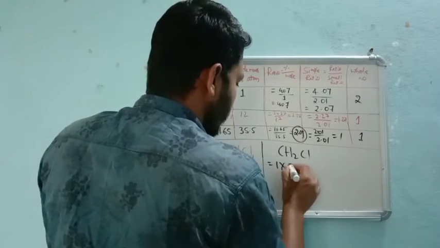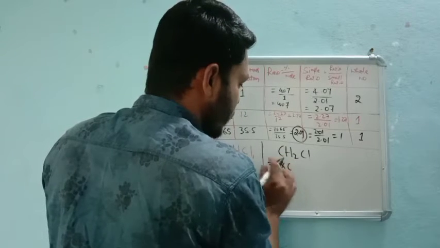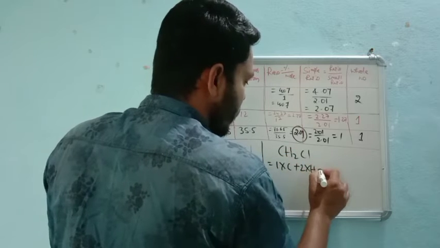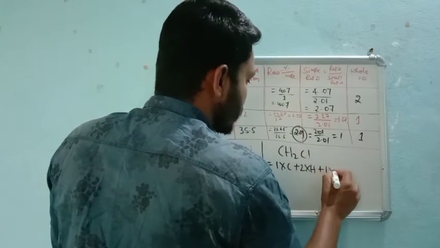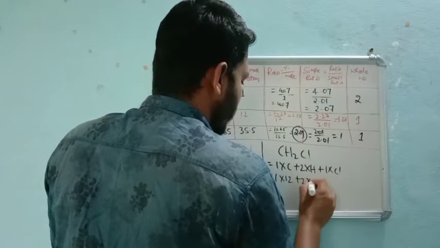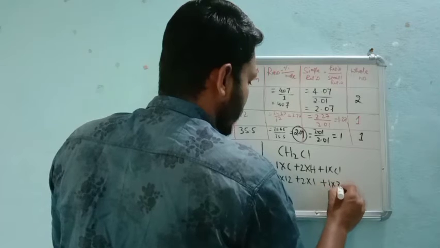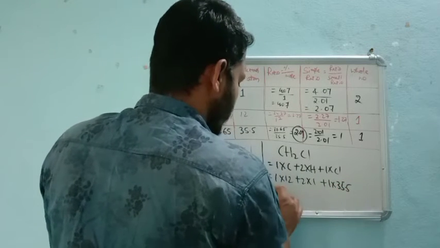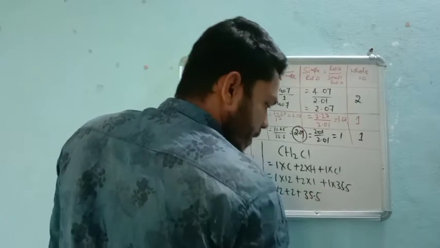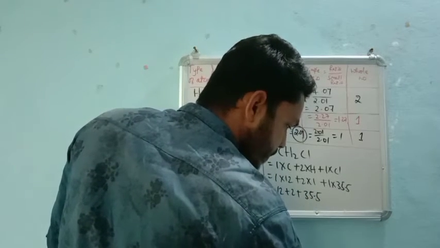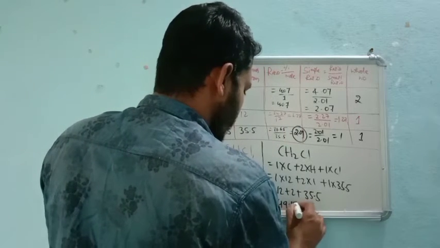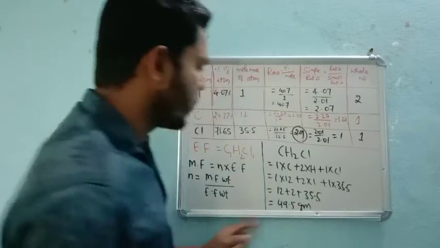Now 1 into C, there is only 1 C in this compound, plus 2 into H, H is 2, plus 1 into Cl. So 1 into 12 plus 2 into 1 plus 1 into 35.5. 12 plus 2 plus 35.5 will come nearly 49.5 gram.